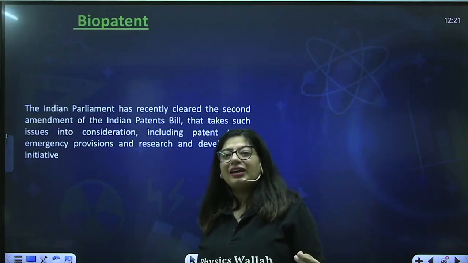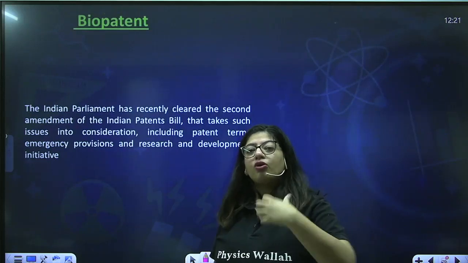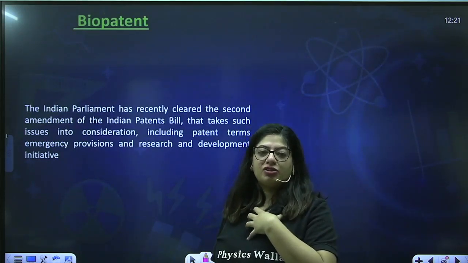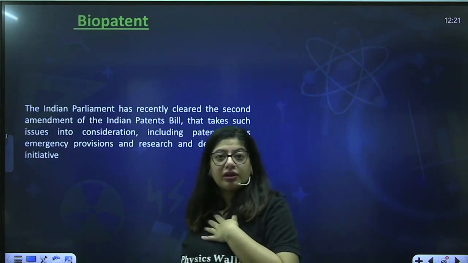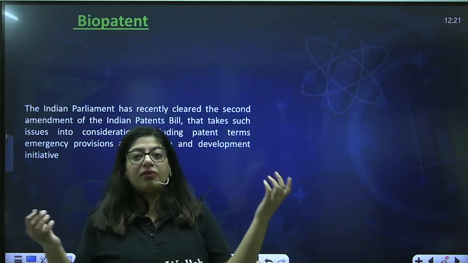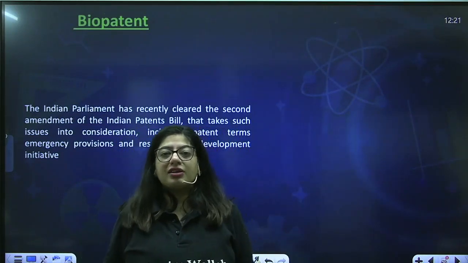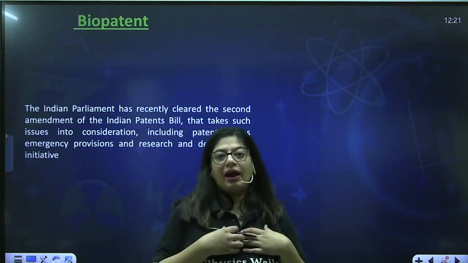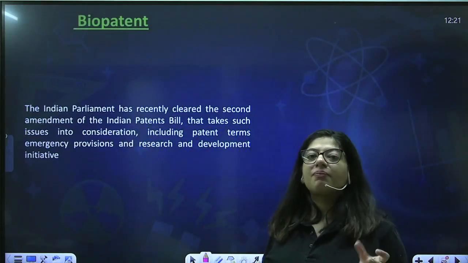So I can get a set of rights on this drug. Whatever I want to do with the drug, that is my choice. I can also give some of the rights to a pharmaceutical company. They can make the drug, and I can take a share, or I will not share with any of them, or I can produce the drug and then share it with other people myself. So those are the rights that a person has, and that is known as a biopatent.